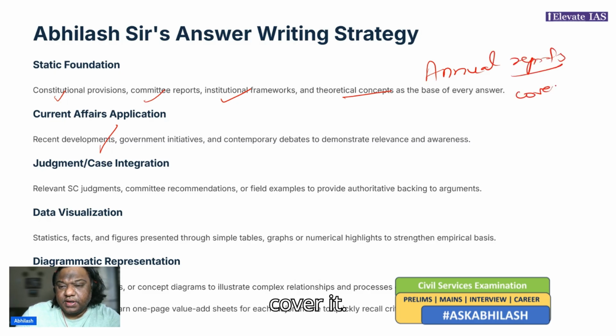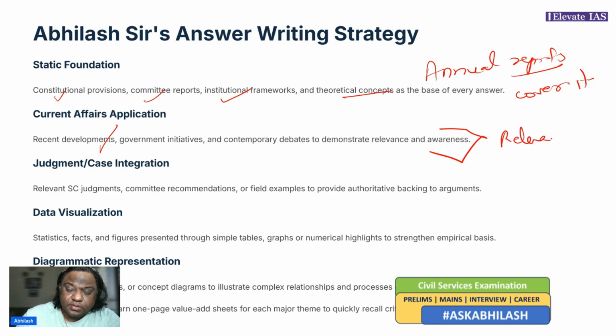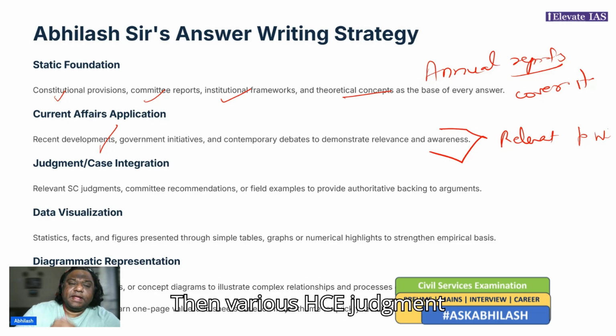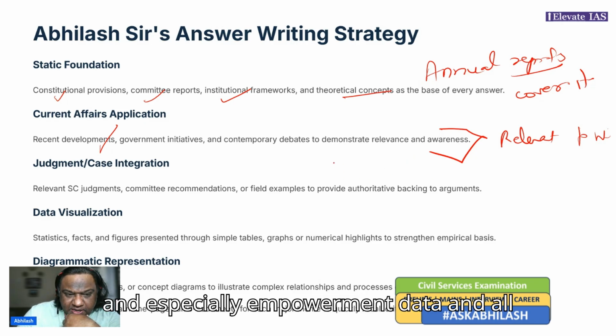Cover it. Current affairs to make it very relevant. Then various SC judgments, and especially empowerment data and all.